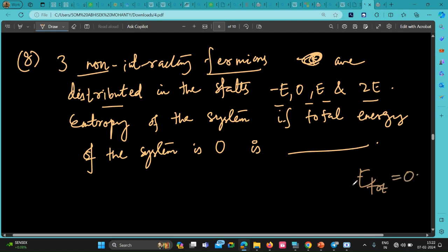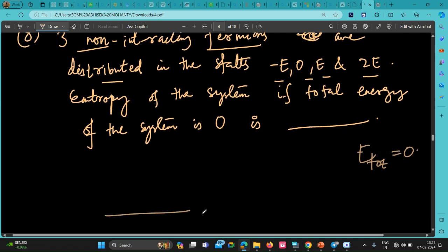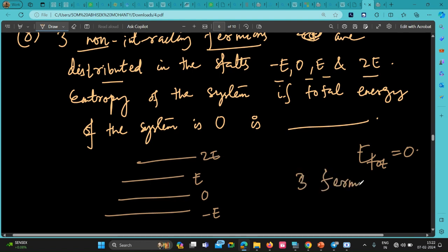So how should we arrange this? Four states minus E, 0, E, 2E, and we have three fermions. How will you arrange them so that E total will be 0? If I put one fermion here, another here, another here, this will be minus E plus 0 plus E, which is 0.